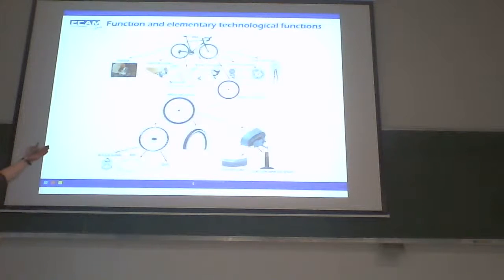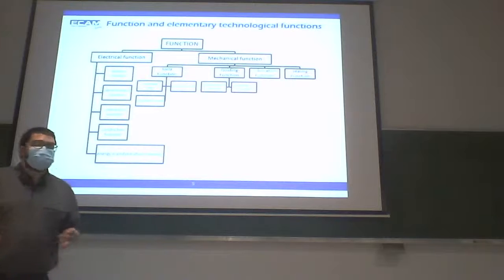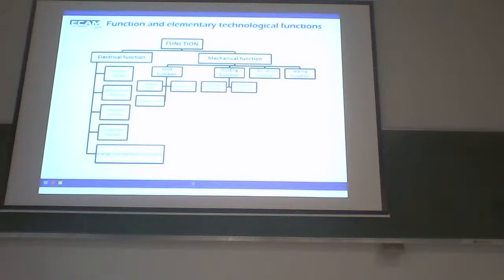For example, in the wheel subsystem, we can divide the wheel into the tire and the rim. The rim could be divided into the hub, the rim, spokes, etc. All mechanisms are divided into different functions. In general, we divide a mechanism into two great functions, electrical and mechanical. In mechanical design, we only study the mechanical function.